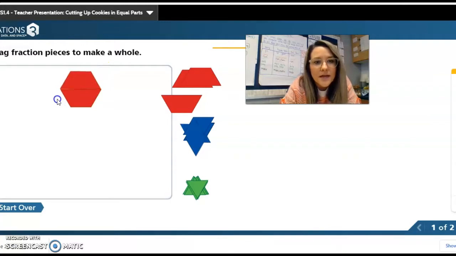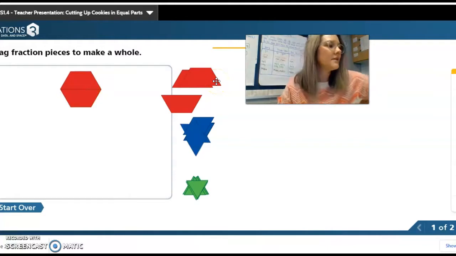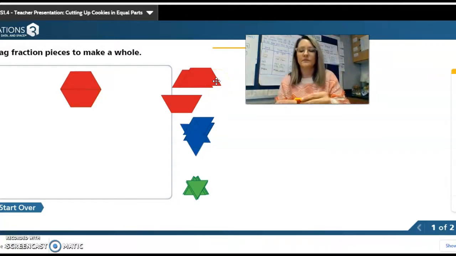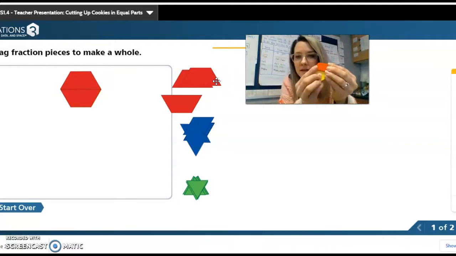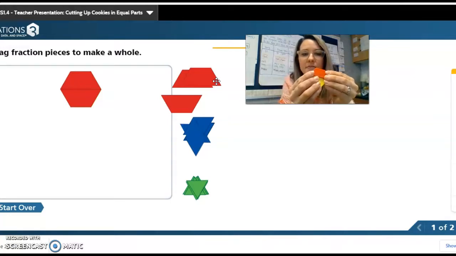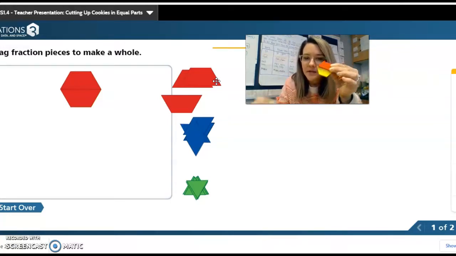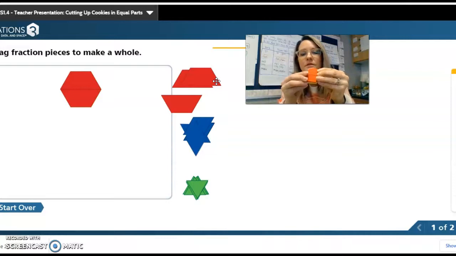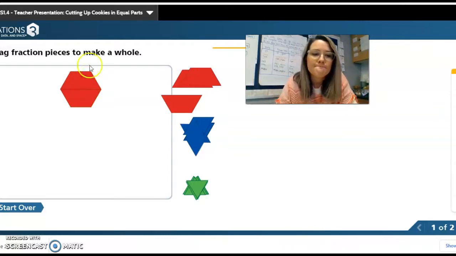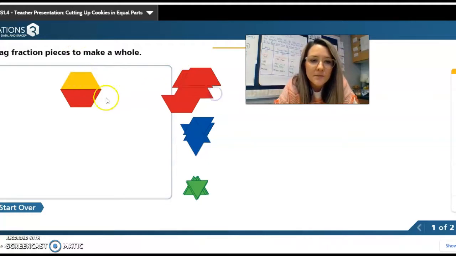So we have no gaps or overlaps, but we know sometimes technology may show that, but it still covers it. So right here I have my hexagon cookie and pattern block and 2 red trapezoids. Okay. All right, so keep that in mind, and then we're going to talk about what fractional piece is the trapezoid.